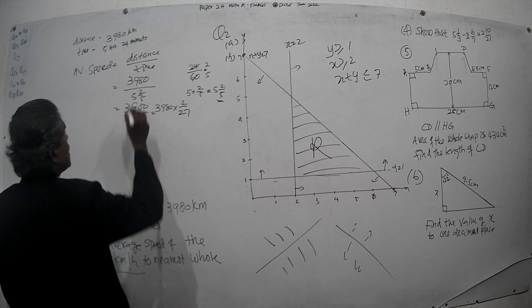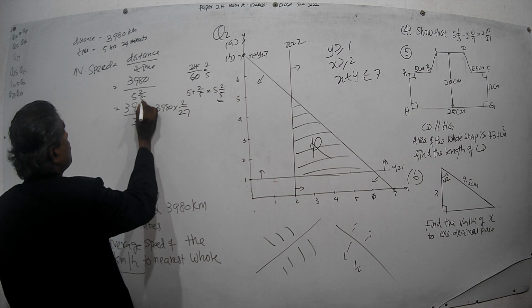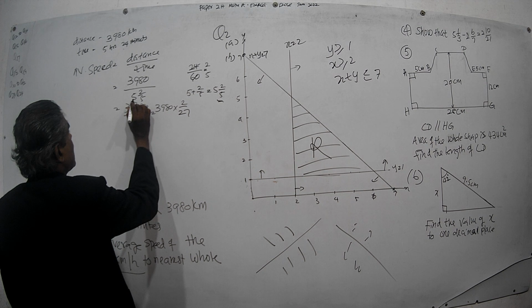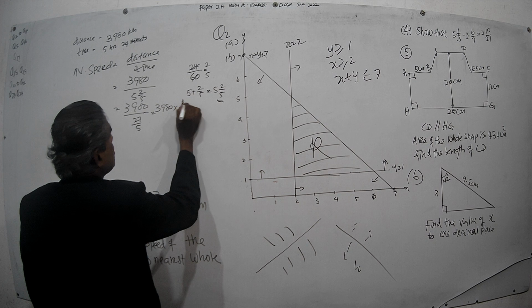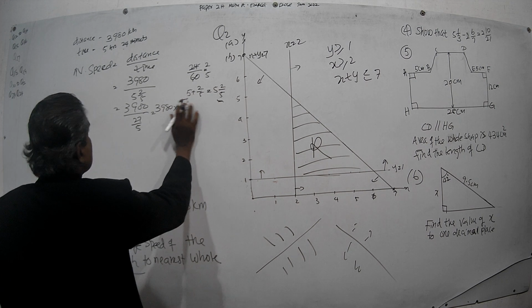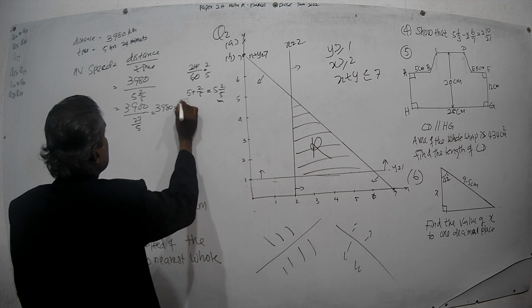Sorry, here I made a mistake. Here 5 times 5 is 25 plus 2, 27. Then what is here is 5, sorry, not 2. Okay.